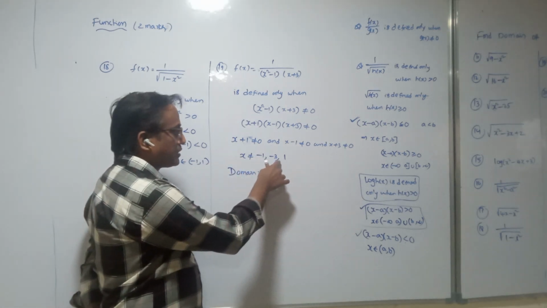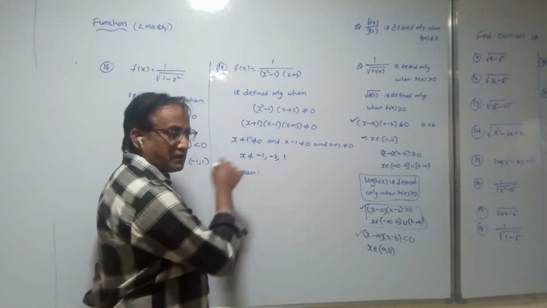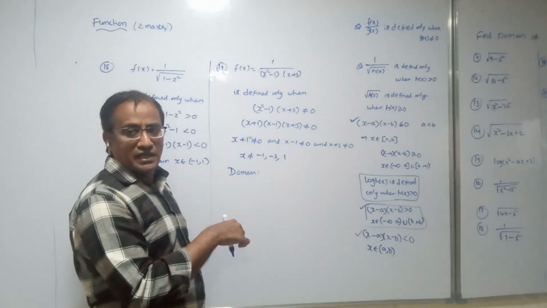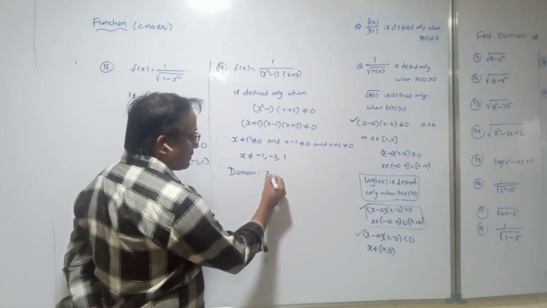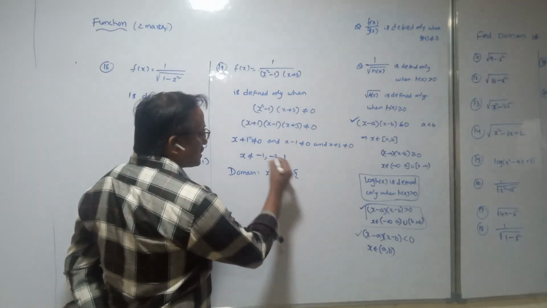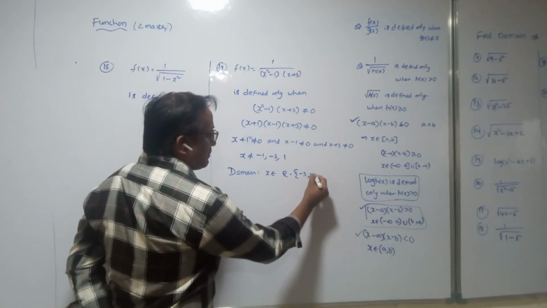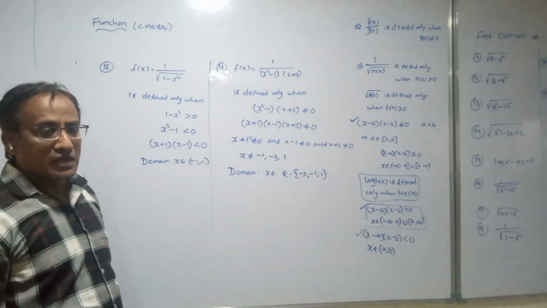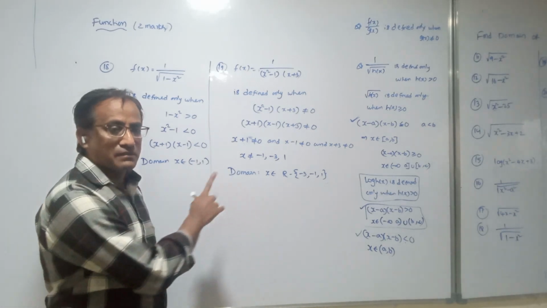You cannot take minus 1, minus 3, 1, which means there are infinitely many real numbers: the set of all real numbers except minus 3, minus 1, 1. This is the domain. You can take all real numbers except these numbers.